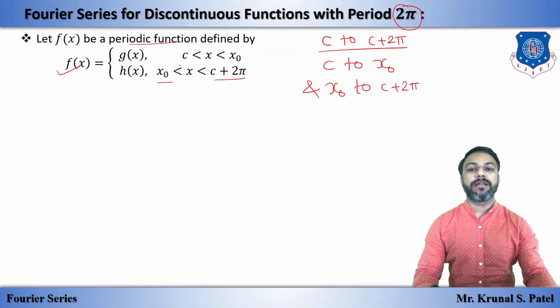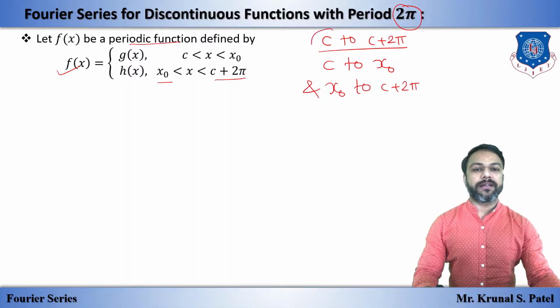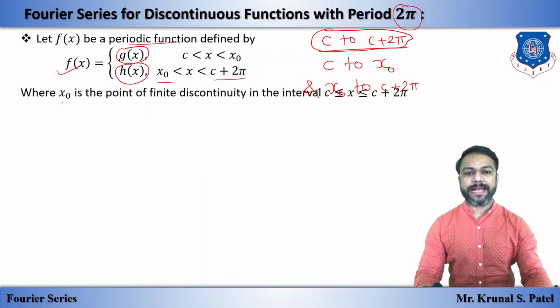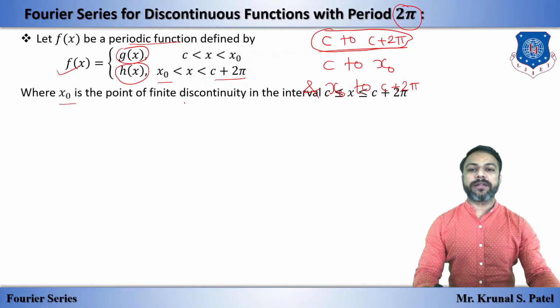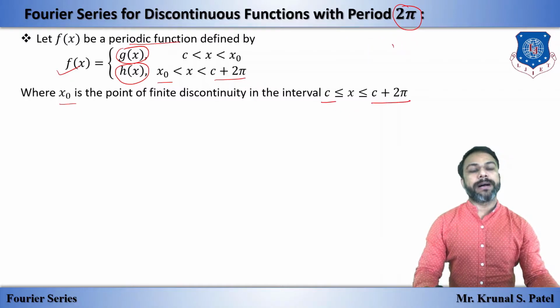These are the two parts of the given interval, so we have two different functions for that interval. Here x0 is the point of finite discontinuity in the interval c to c plus 2 pi.